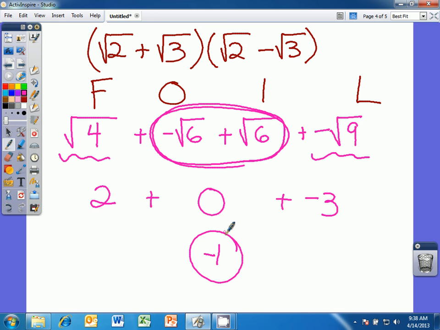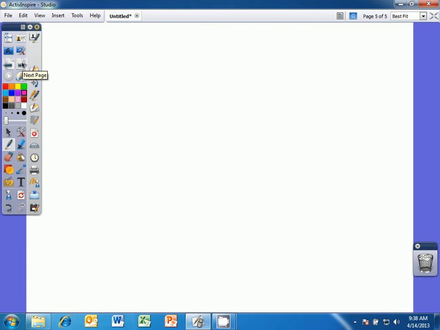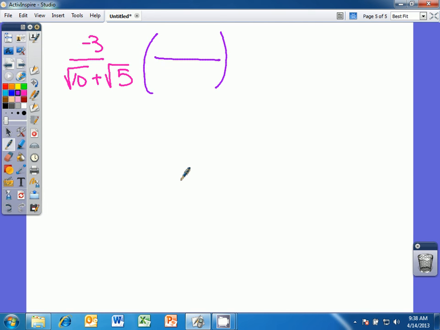Let's take a look at how this helps us rationalize a radical expression with a sum in the denominator. If I ask you to simplify negative 3 over radical 10 plus radical 5, I'm going to multiply by a form of 1, and that form of 1 is going to use the conjugate of the denominator.